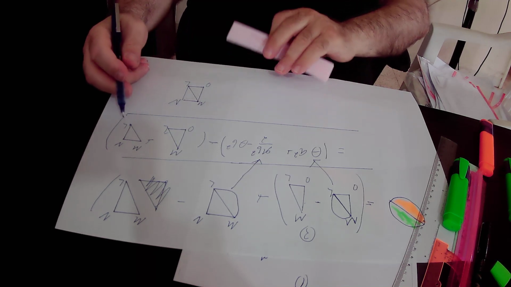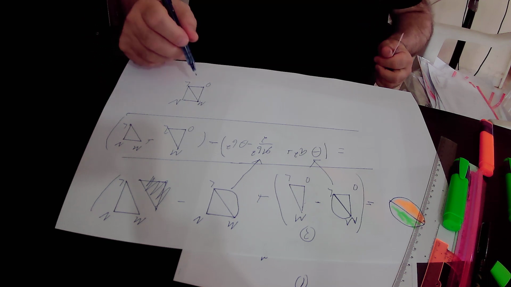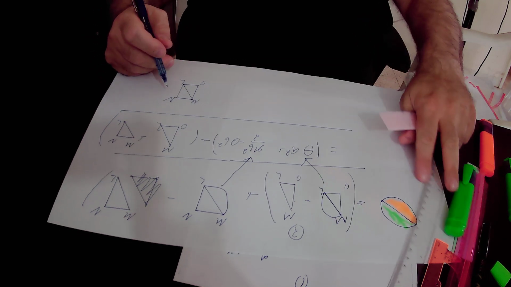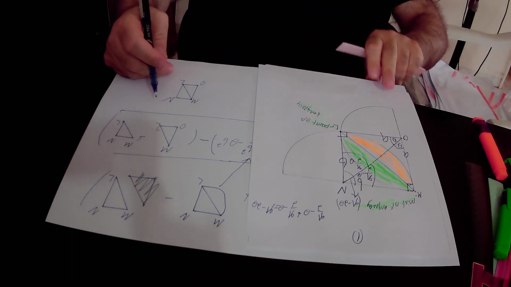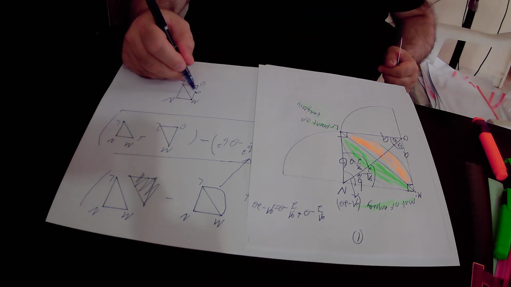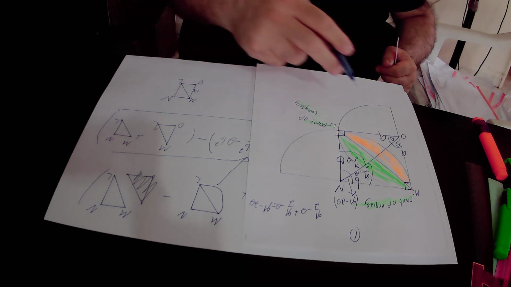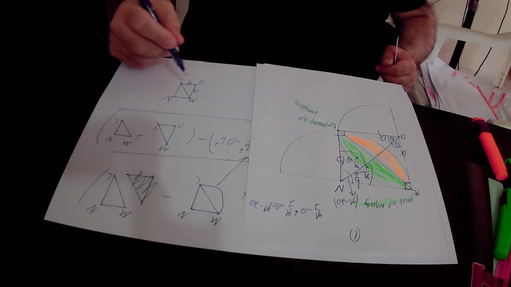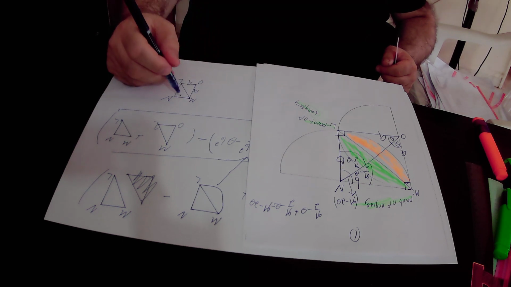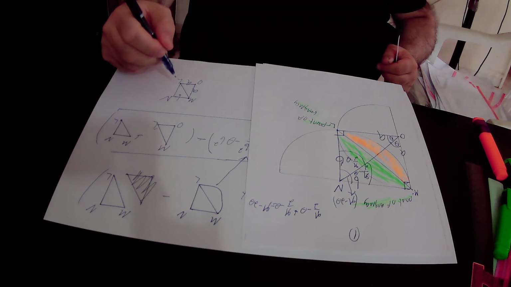MO equals a, OL equals a, MN equals b, and NL also equals b.